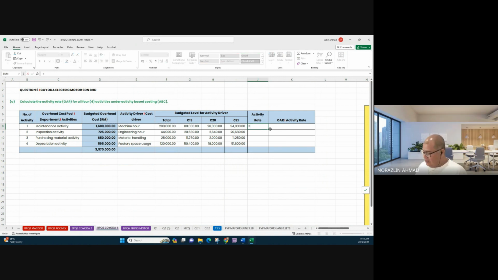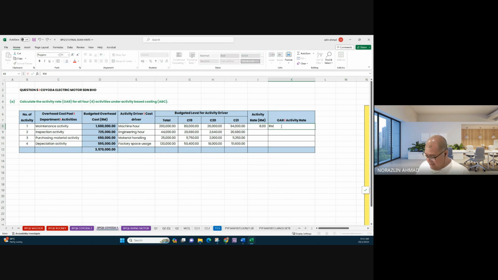Okay, how to calculate? 1.6 million, you divide by the total machine hour. Okay, you can have two decimal places. Activity rate is in RM. Okay, 8 ringgit per machine hour.